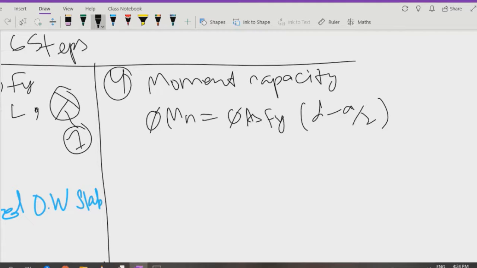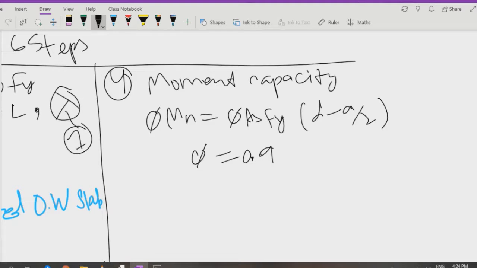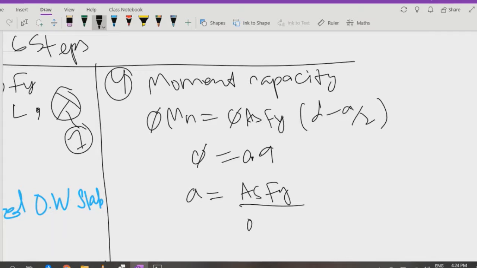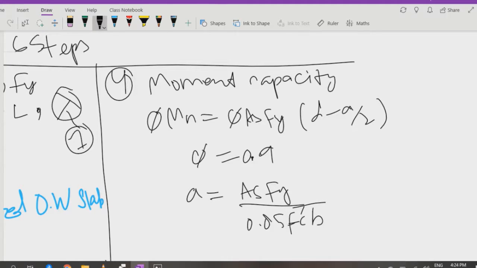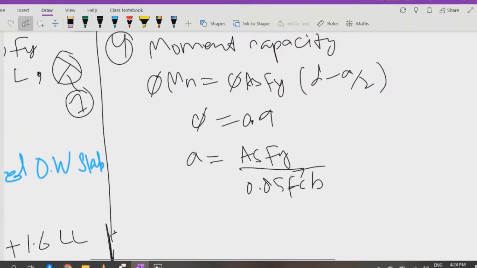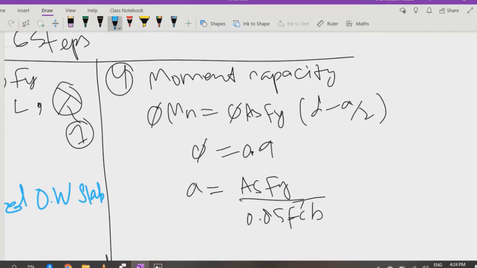For this we need phi equal to 0.9, and a is equal to As fy divided by 0.85 fc prime b. This is the formula for moment capacity. We can calculate the moment capacity from here. We should also remember that this should be greater than or equal to Mu.